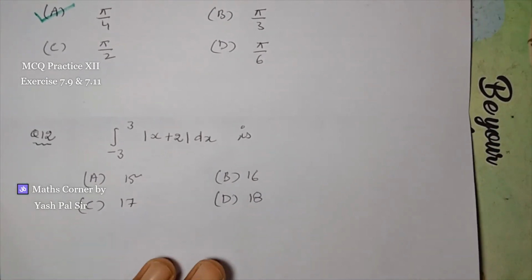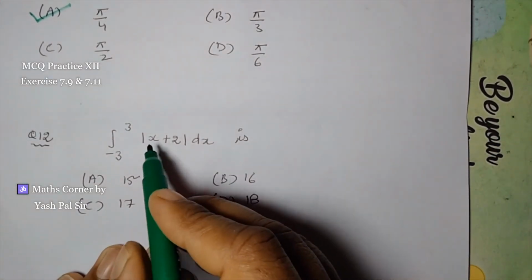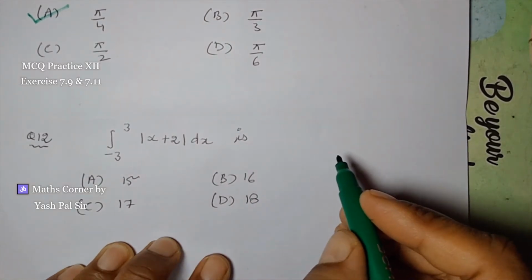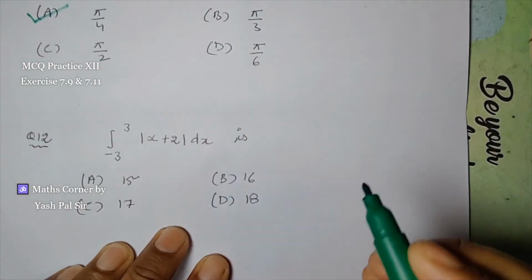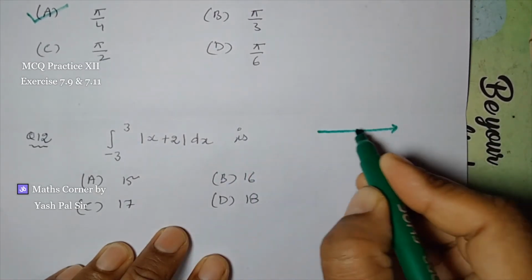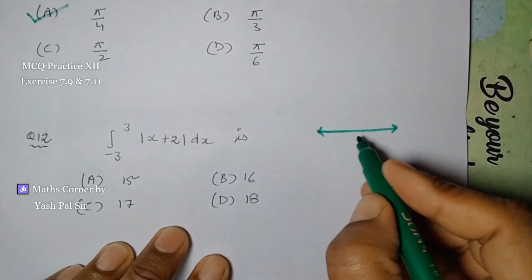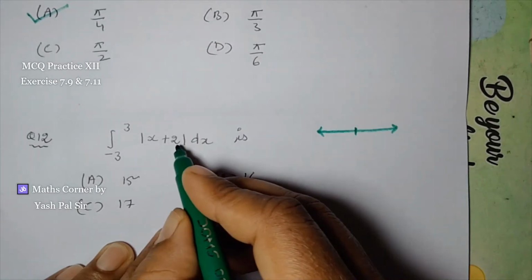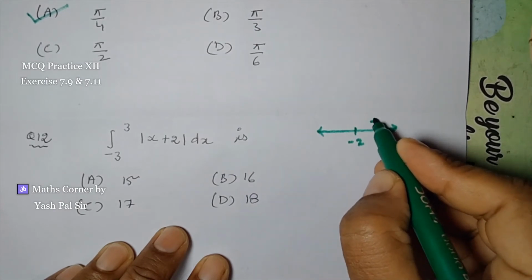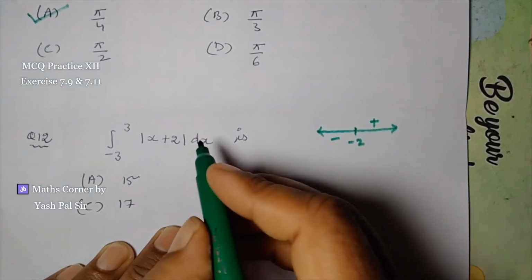Now we come to question number 12. Here this is a question of modulus form. In modulus, x plus 2, we take the help of the number line. Putting x plus 2 equal to 0, this is minus 2. Here this is plus, here this is minus.